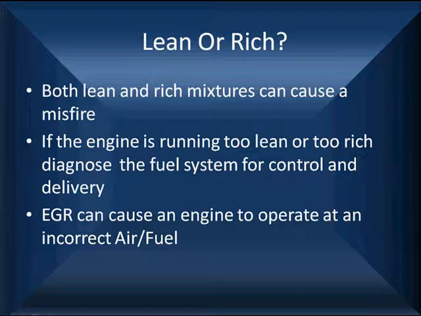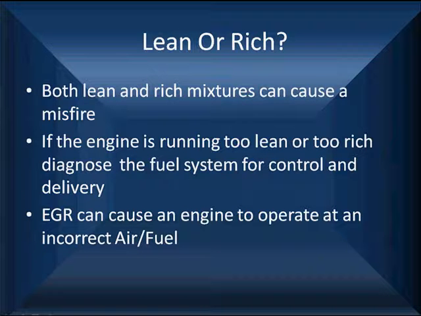But study, are you running rich or are you running lean? Both lean and rich mixtures can cause misfires. And we are talking about misfire and fuel control together because of this very reason. If the engine is running too lean or too rich, diagnose the fuel system for control and delivery. And remember, the EGR can cause the engine to operate in the incorrect air-fuel ratio if it's open at the wrong time, if it's not following commands.